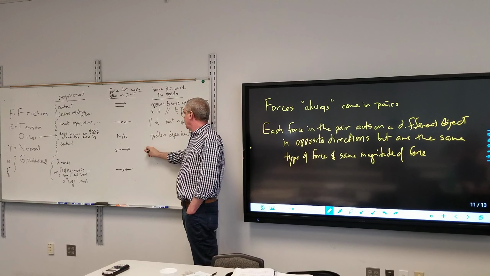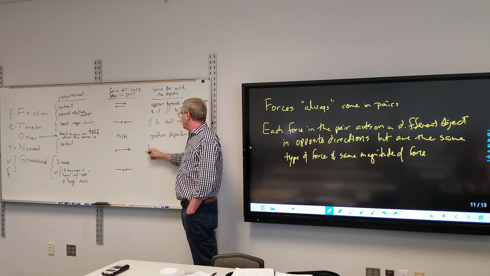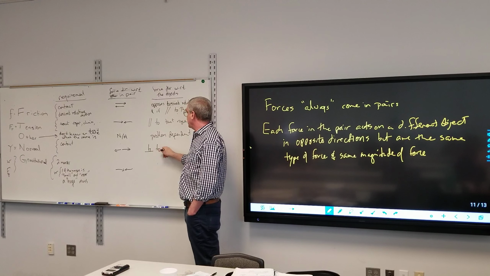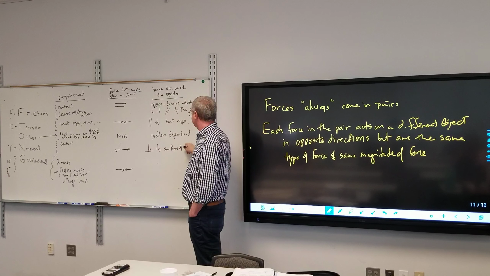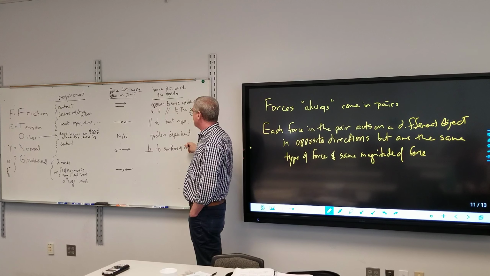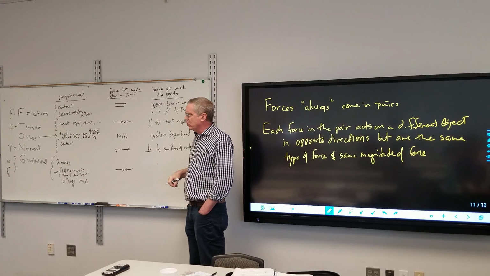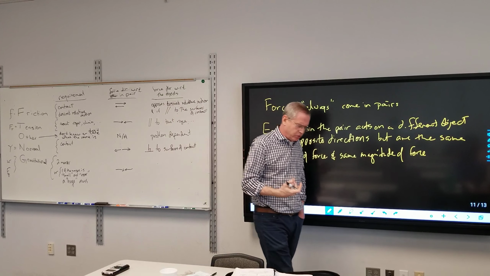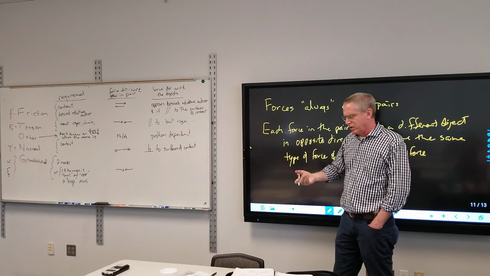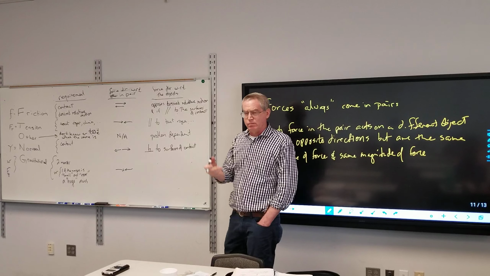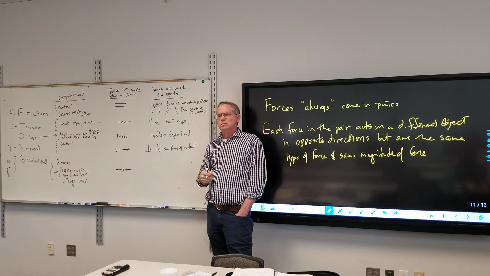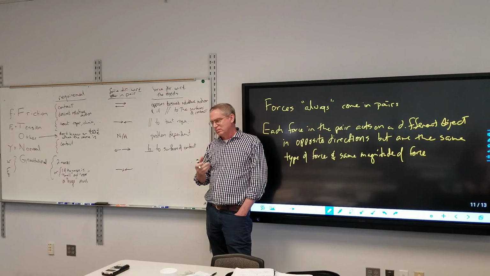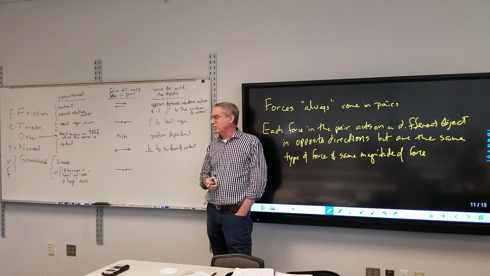Normal force: it is perpendicular to surfaces of contact. So I mentioned earlier, there's a force holding you up. It's the normal force from the chair exerted up on you. Likewise, you were pushing down on the chair. Why is it called normal? Because it's perpendicular. Yes, it is a math term meaning perpendicular.